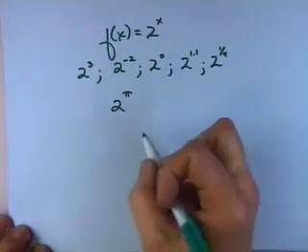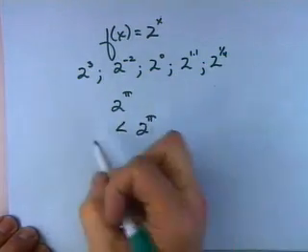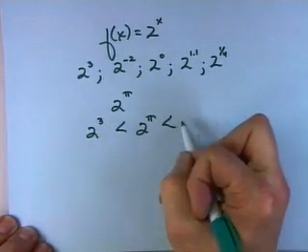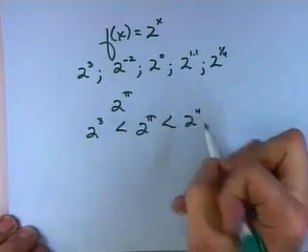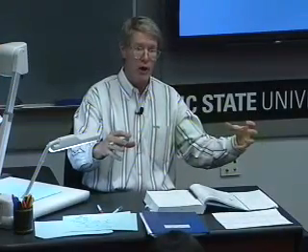So would you say that 2 to the pi is somewhere between 2 to the third and 2 to the fourth? Right? So could we, like we did on the graphing calculator a bit ago to solve that equation, gradually close in on this window and sandwich this irrational 2 to the pi between two rationals?